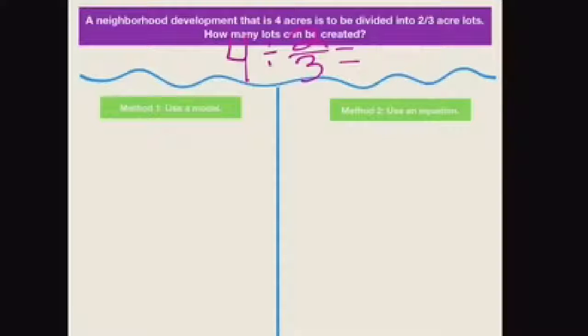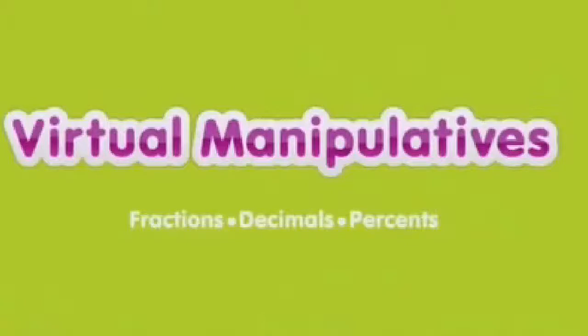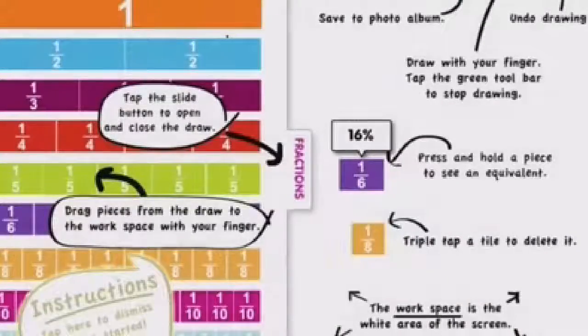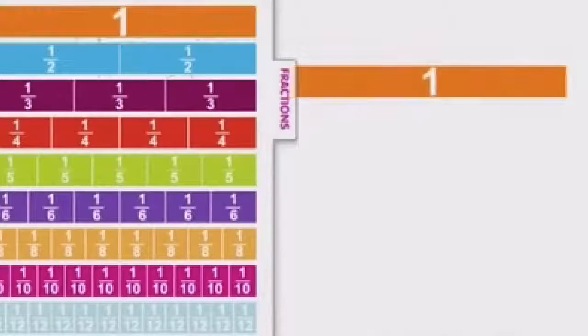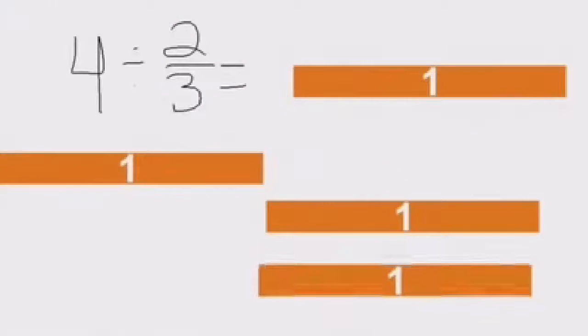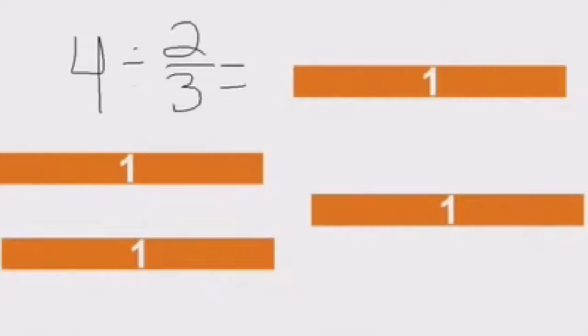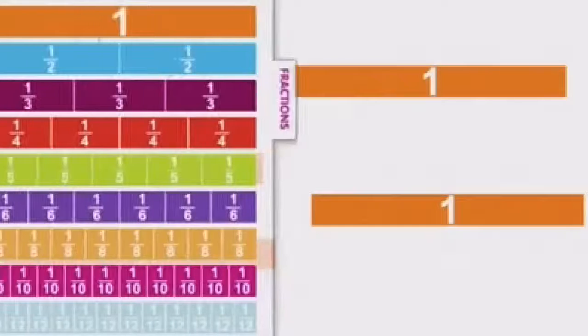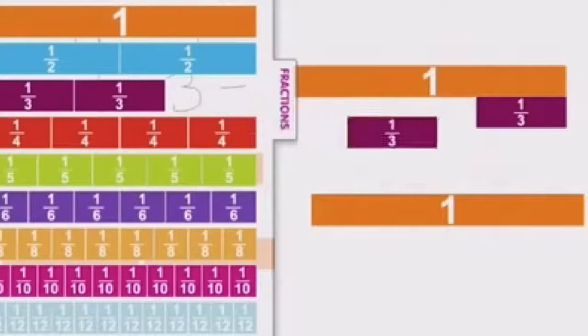Okay, so let's try this first by using a model. Pull up your virtual manipulatives. And I'm going to go ahead and write 4 divided by 2/3. Again, start by modeling the number 4. And then we're going to cut this up into 1/3 pieces.